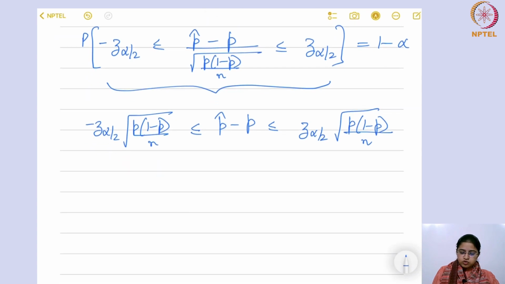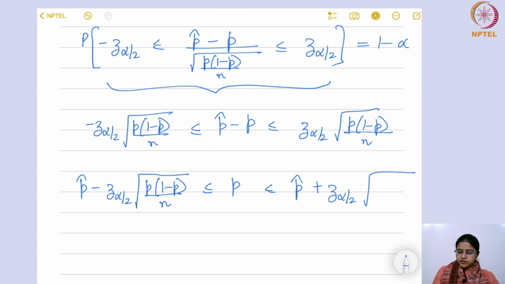So if I now solve for p, it would be p hat minus z alpha by 2 under root p into 1 minus p over n, and this side it would be p hat plus z alpha by 2 under root p into 1 minus p by n.